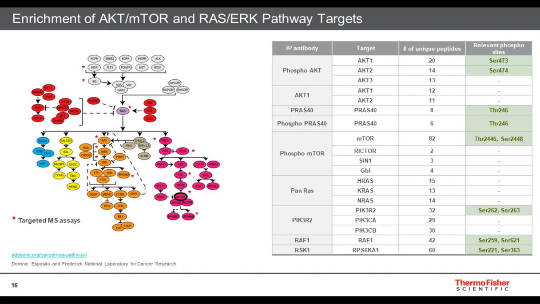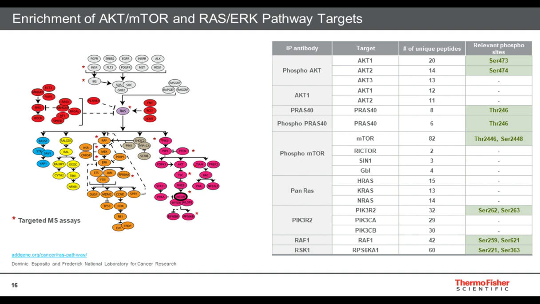These are streptavidin magnetic beads, used before the mass spec analysis. And as you can see from the data, we were able to detect protein isoforms as well as interacting partners for AKT, mTOR, RAS, and PI3K targets.